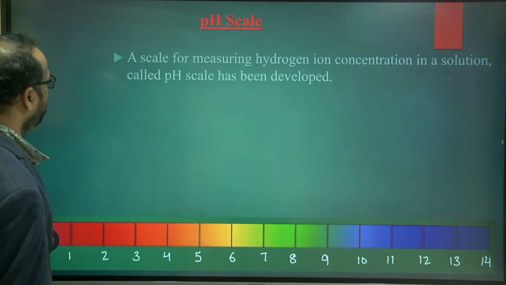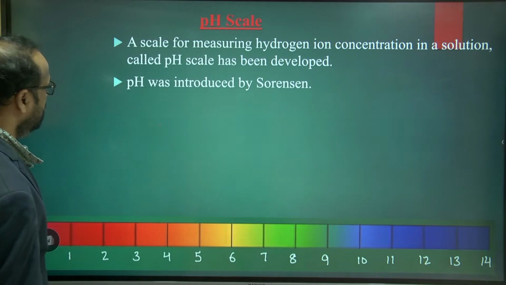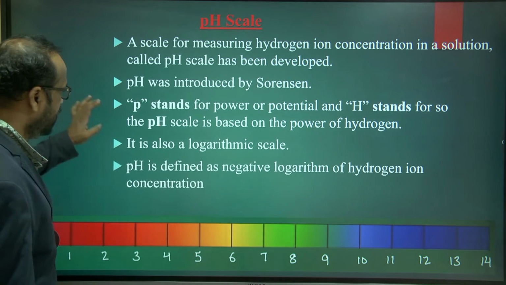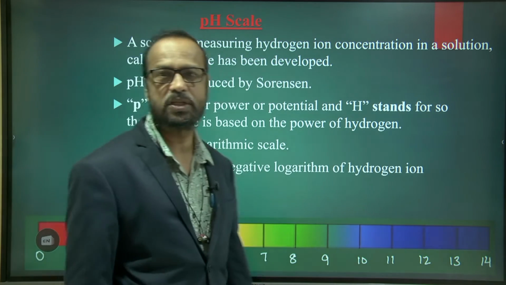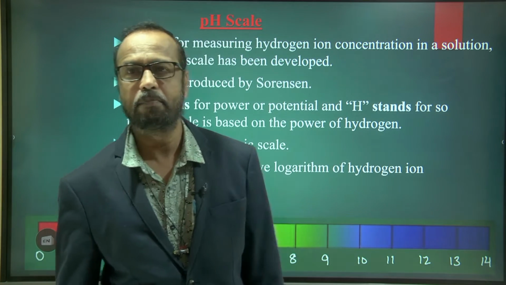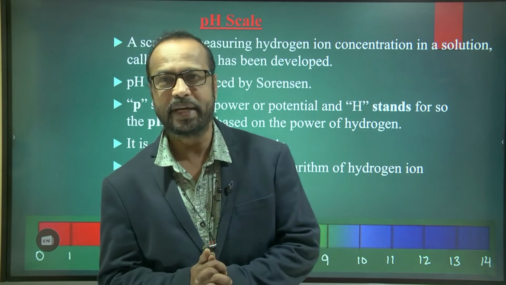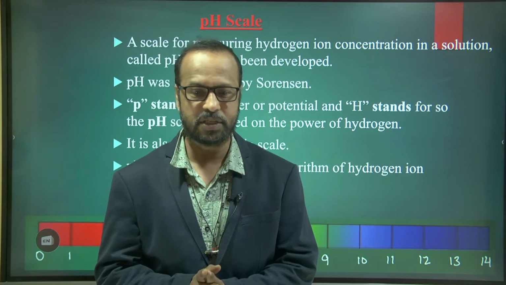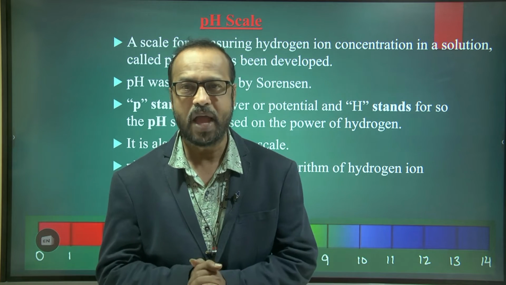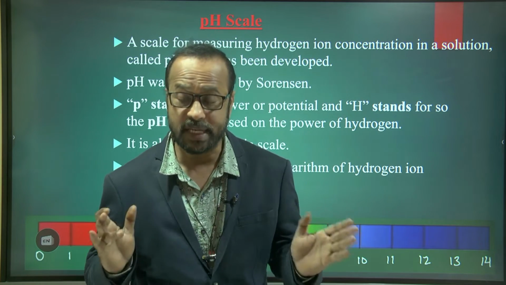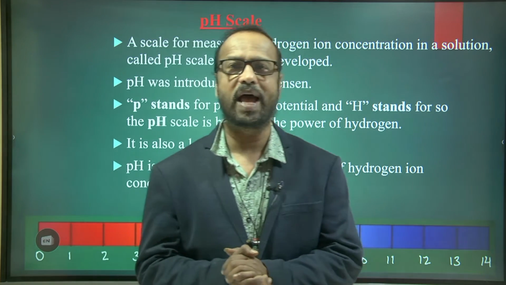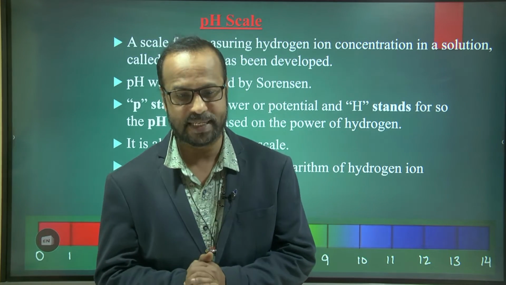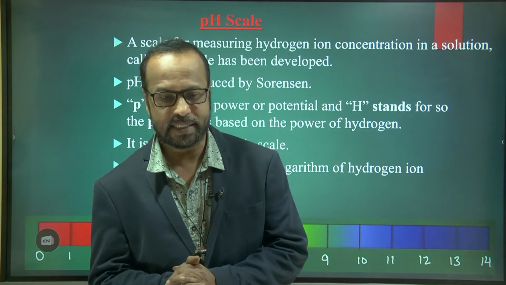Now then come to the pH scale, which we also discussed here. pH is what? The negative logarithm of hydrogen ion concentration is called pH, and the pH scale is used to determine the strength of acids and bases. This is a scale used for measuring the hydrogen ion concentration in a solution, called pH. It was introduced by Sorensen.